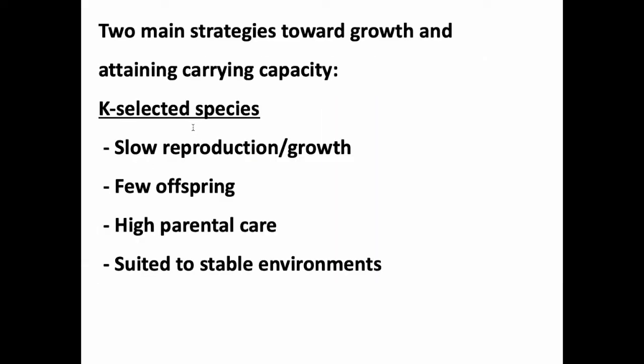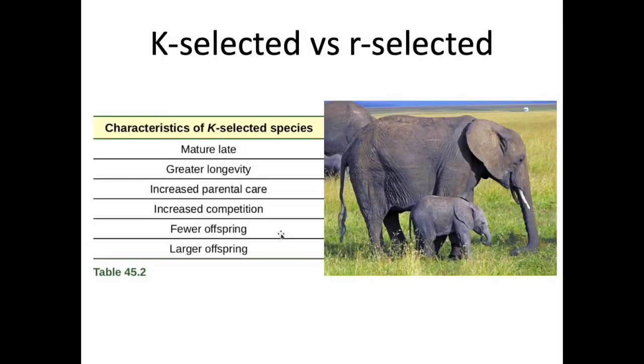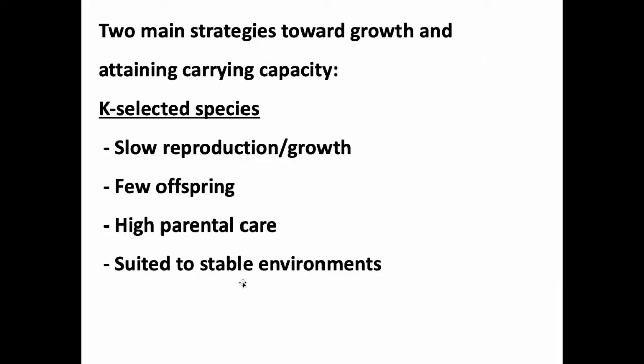So in summary, K-selected species: slow reproduction and growth, few offspring at a time, high parental care, and these things are suited to stable environments. When things are not rapidly changing in the world around them, these K-selected species are very good at surviving. They're very good competitors. Yeah, they thrive when the environment is stable.